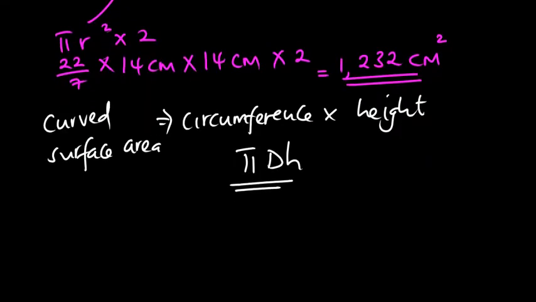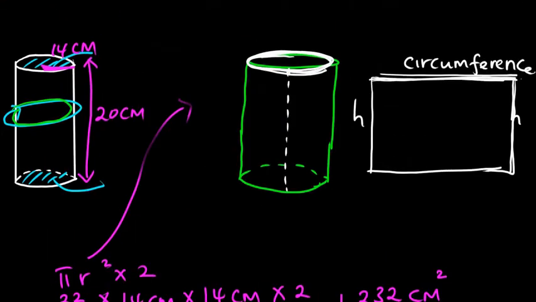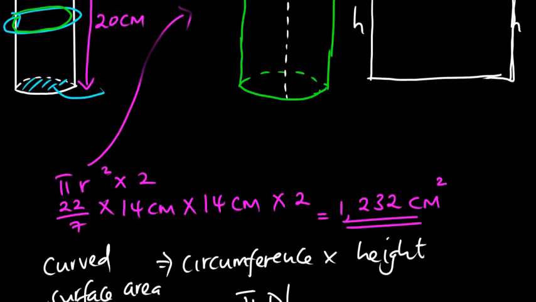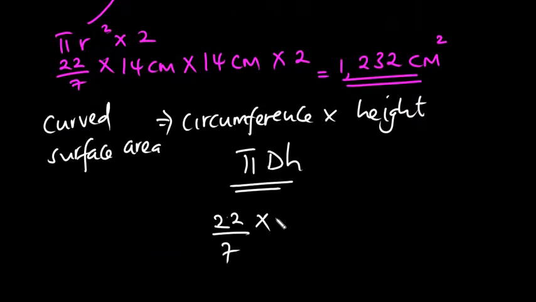So we have pi as 22/7, and then times the diameter. Now we had the radius as 14 centimeters, so that means the diameter is 28 centimeters, and then we multiply by the height, which is 20 centimeters.